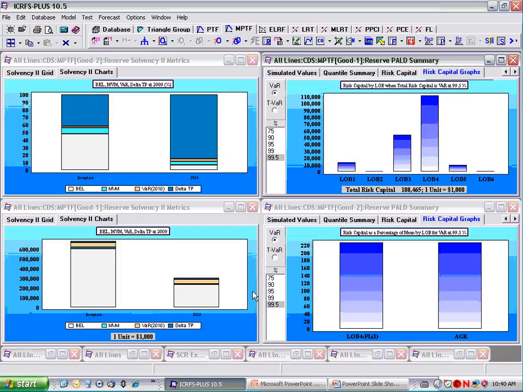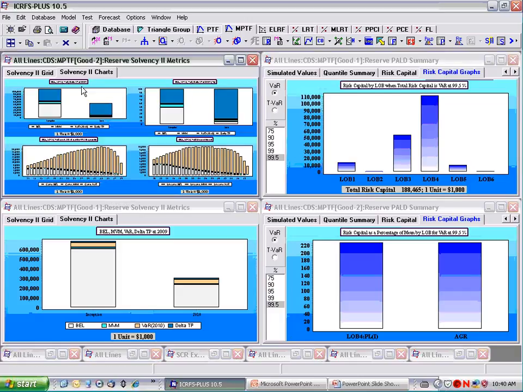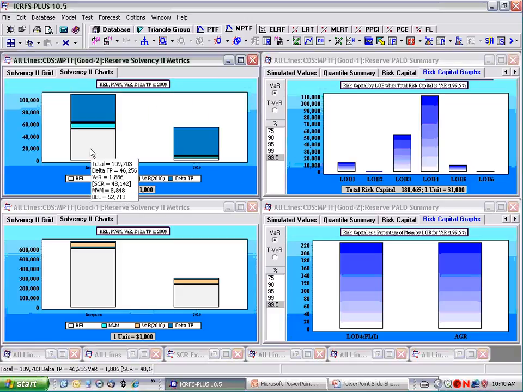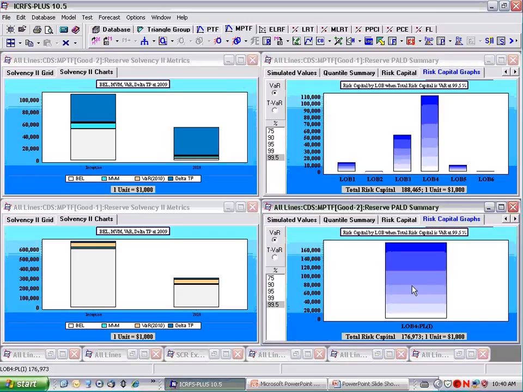For LOB4, we're looking at percentages. SCR is 48 million, vis-a-vis VAR of the aggregate of 176 million. So this is a great example of risk diversification credit, both based on VAR of the aggregate and based on calculating the solvency capital requirement, 1 year risk horizon.